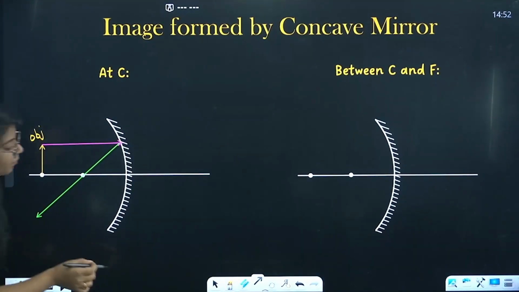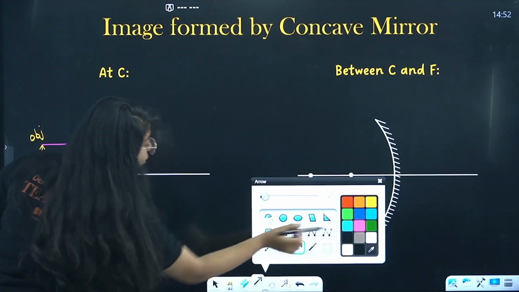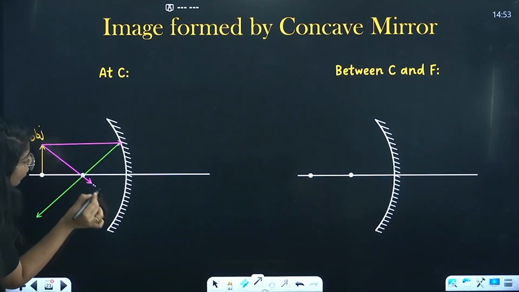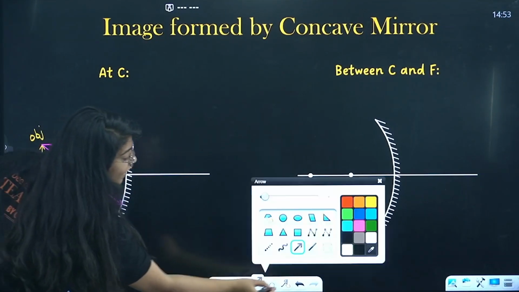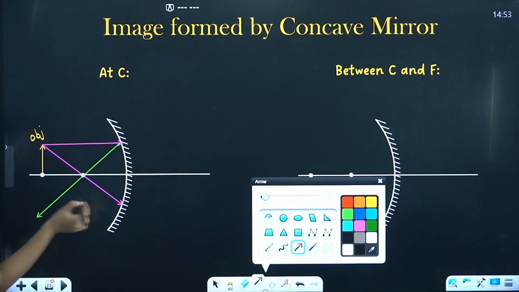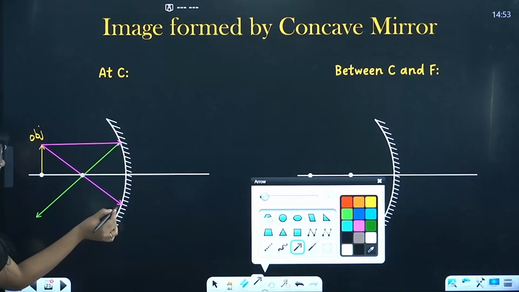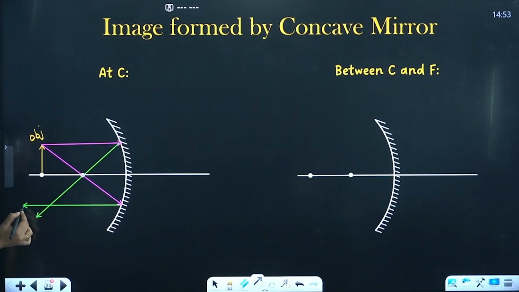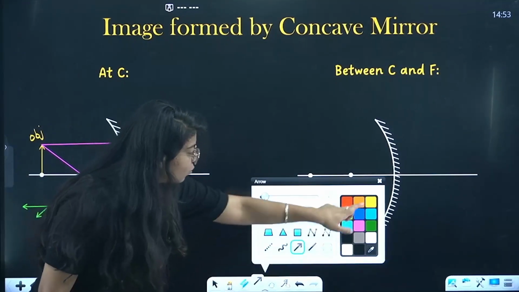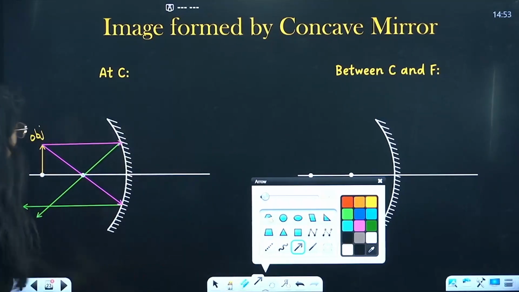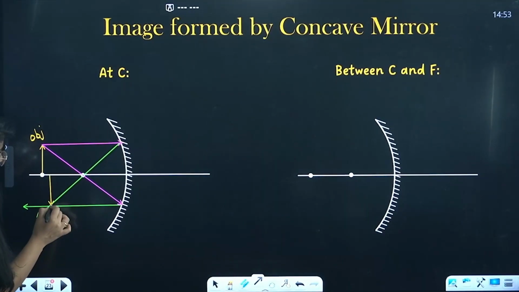Understood? Then again one more ray will go and pass through the focus, right? And when it reflects, it will become parallel to the principal axis, something like this. And if you join the image, it will be something like this. Okay, you have to adjust it a little bit.